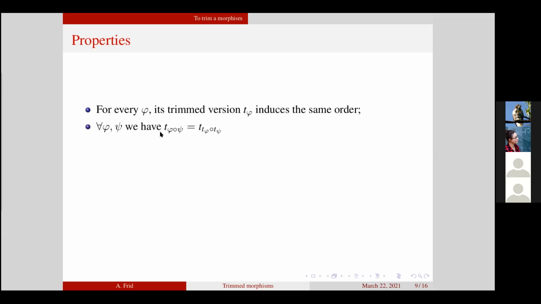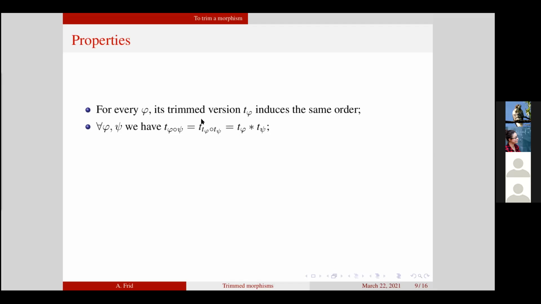Then we can prove, and the proof is not complicated, that if we have a composition of morphisms, and we have a composition of trimmed morphisms, then the trimmed result is the same, and it just explains the order of what happens for the composition.